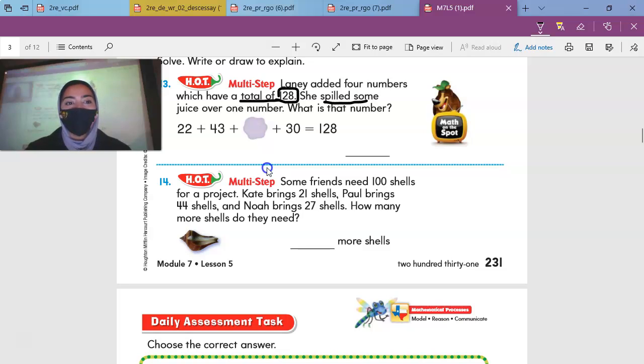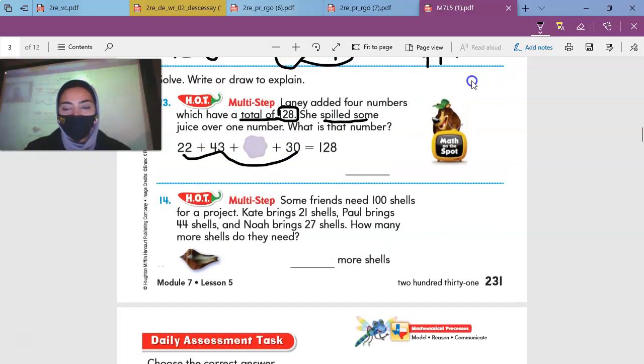Okay, and what are we going to add? Leah? Good, you're going to add these 3 numbers, 22, 43, and 30. Very good. So let's write that. 22 plus 43 plus 30 equals.